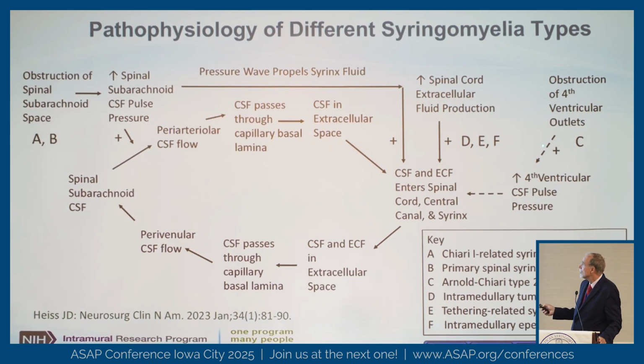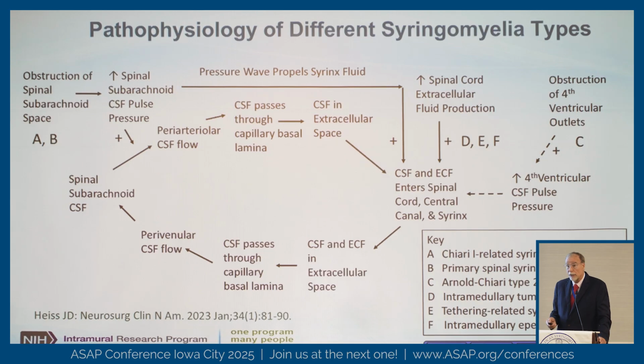And then you can also have communicating hydrocephalus, where some of the fluid comes from the fourth ventricle. But all of these conditions put too much fluid in the spinal cord relative to what's coming out. So you have a net accumulation of fluid, and that's why you have a syrinx.